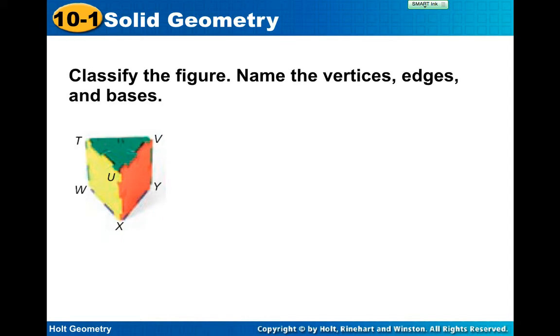How about this one? Can you tell what it is? Triangular prism, correct. Okay, triangular prism. Vertices, we would list how many points? 6 total.